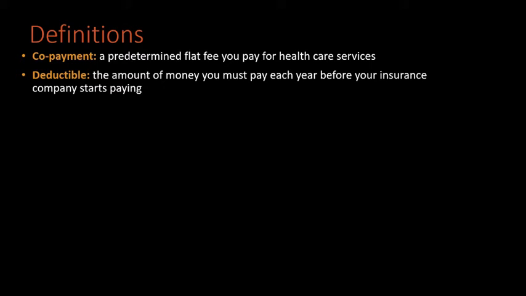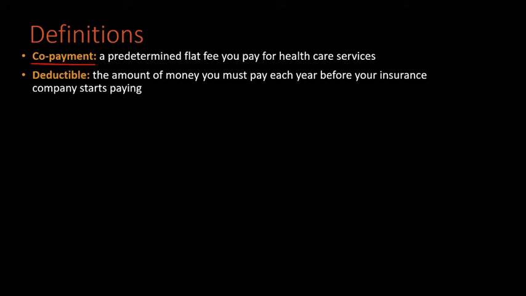So first, a copayment is a predetermined flat rate that you pay for a particular health care service. Now, a copayment is something that you pay when you do have health insurance. It's a cost associated with health insurance. So, for example, maybe I go to my doctor and I don't have to pay anything, that's completely covered by my insurance.